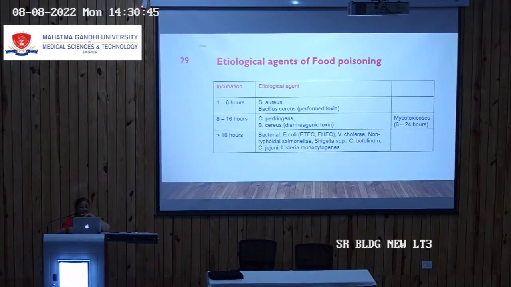Then there are agents which cause food poisoning. Generally, if the incubation period is 1 to 6 hours after consumption of the infected food, we generally think in terms of Staphylococcus aureus and Bacillus cereus, which have a preformed toxin.